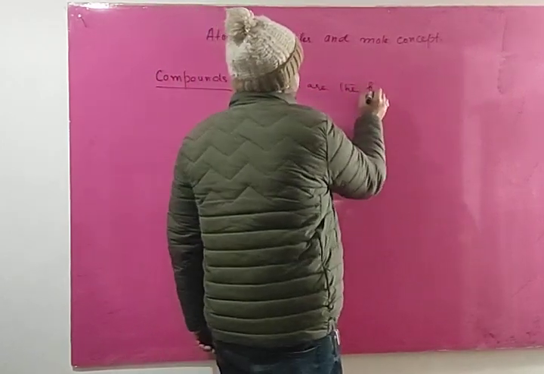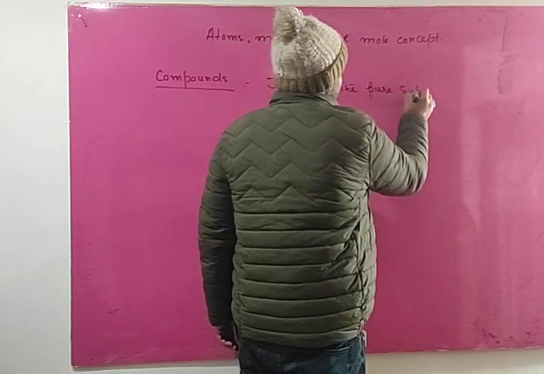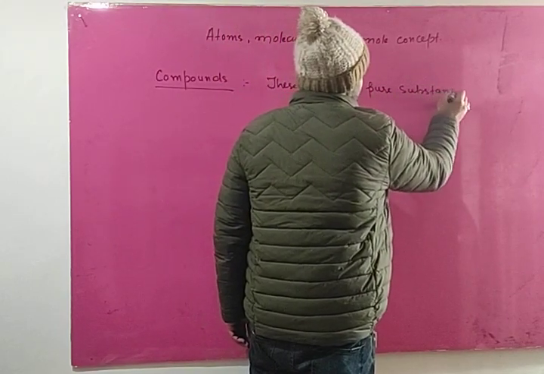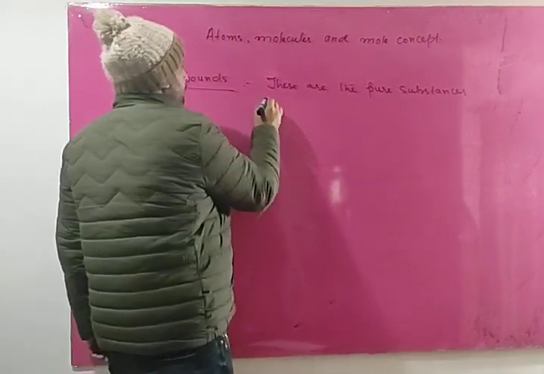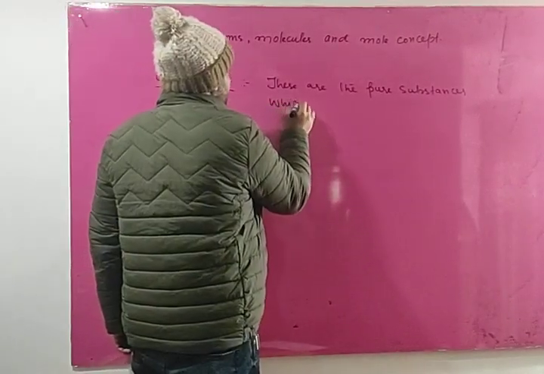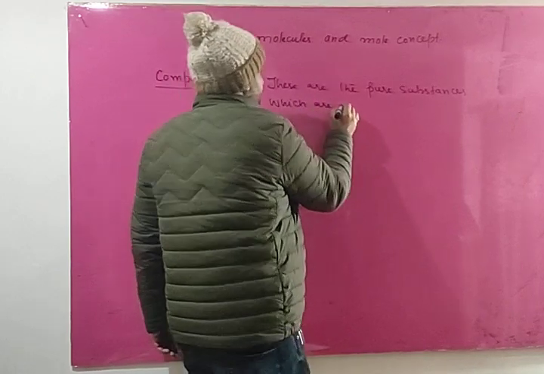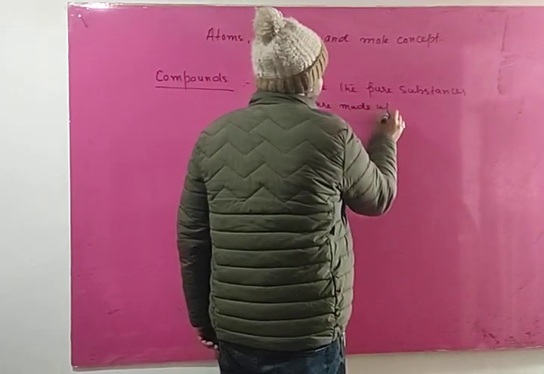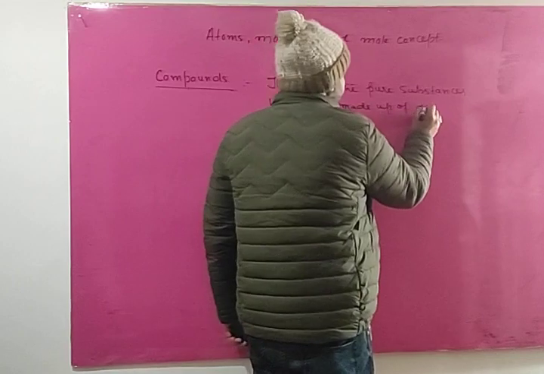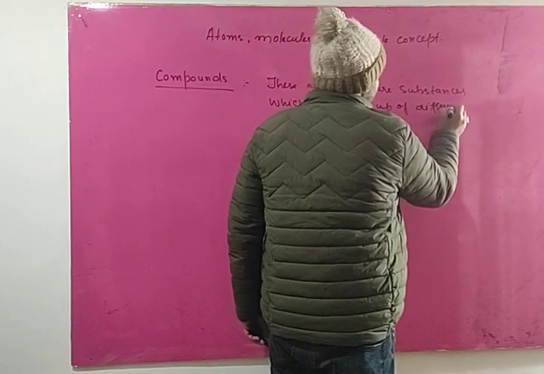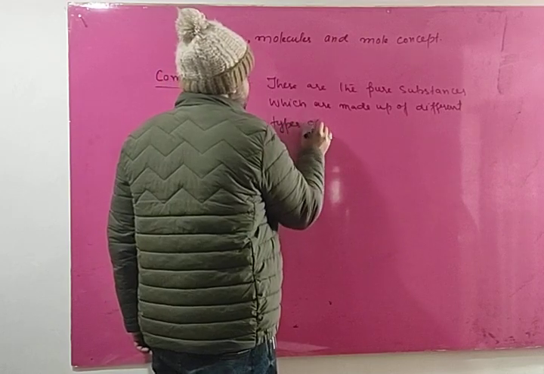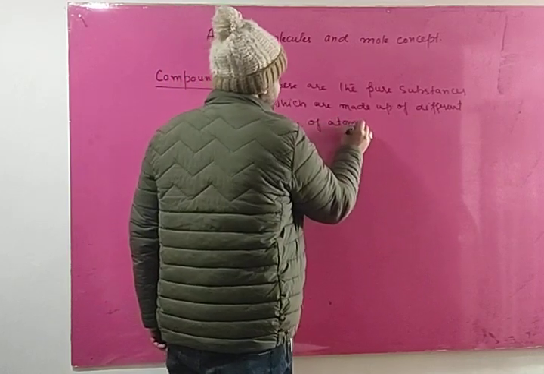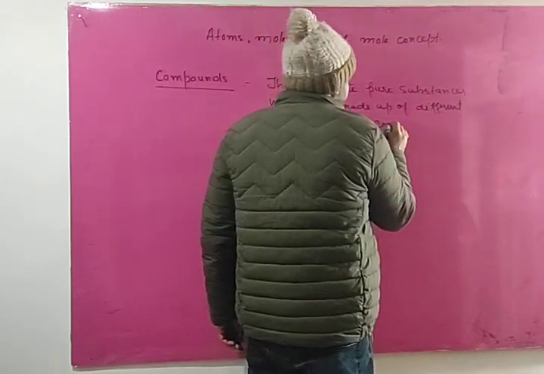These are the pure substances, ठीक है? These are the pure substances which are made up of different types of atoms combined chemically.